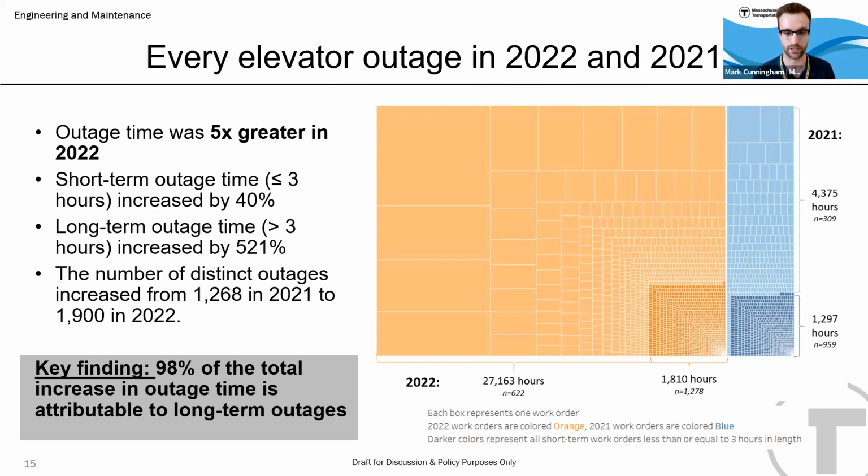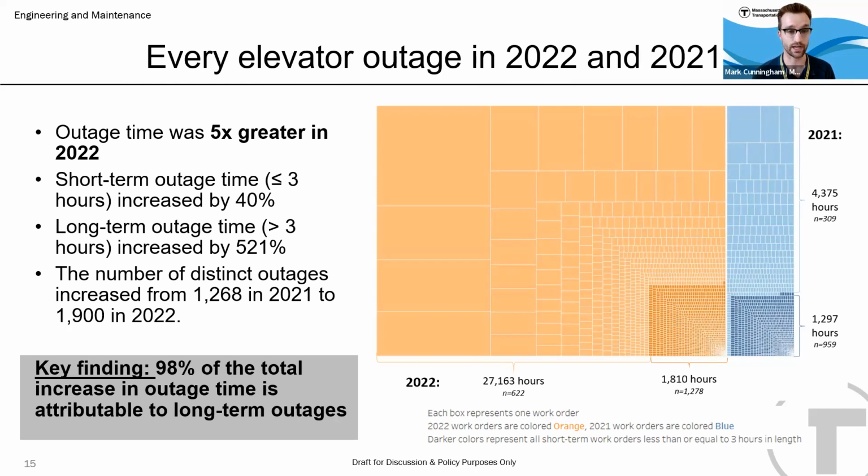The section on the left, colored in orange, represents all of the elevator outages in the year 2022. Furthermore, we broke this down into our short-term and long-term outages. The short-term outages are indicated by the darker colored squares in the bottom right, and the lighter colored squares are the long-term outages. So what did we learn by going through this?